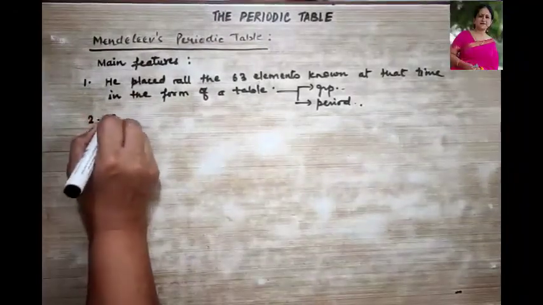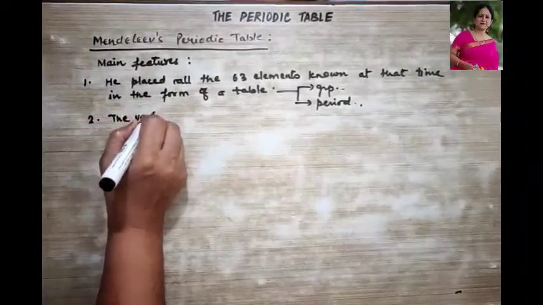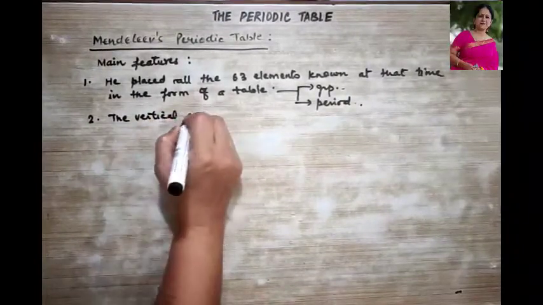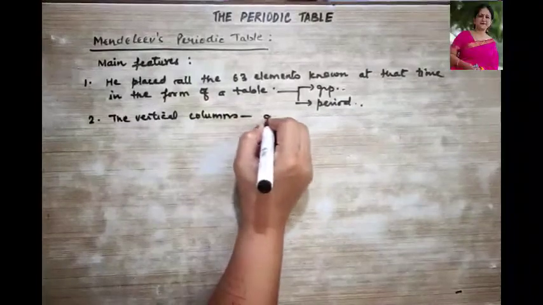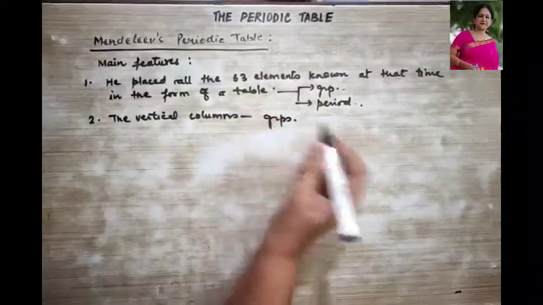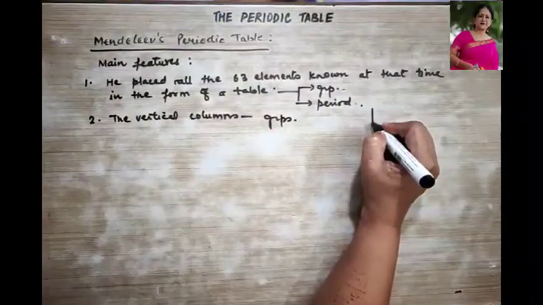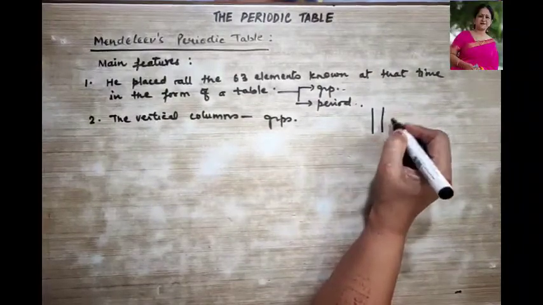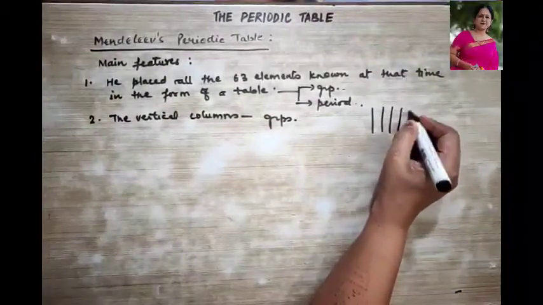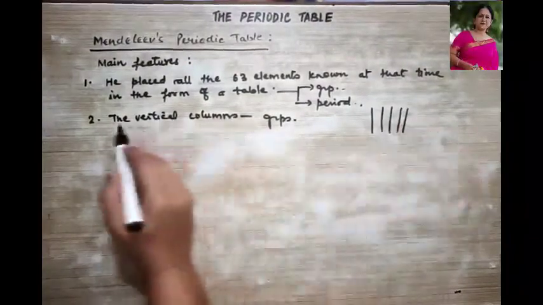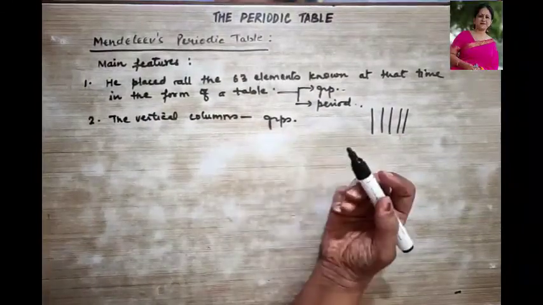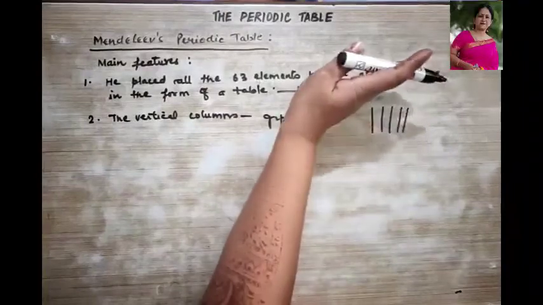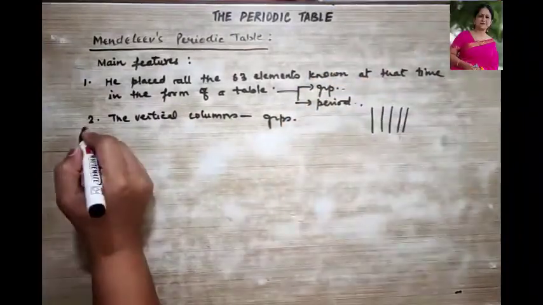So the next point: the vertical columns are termed groups. Now when I say vertical columns, how am I moving? From top to bottom. So vertical columns always exhibit groups, and when we talk about groups, we are moving from top to bottom, right?